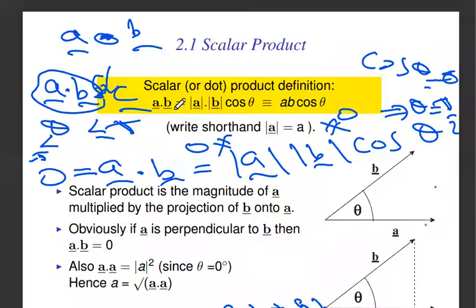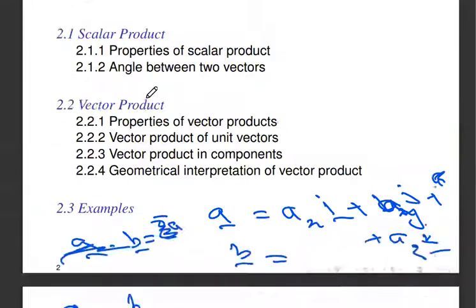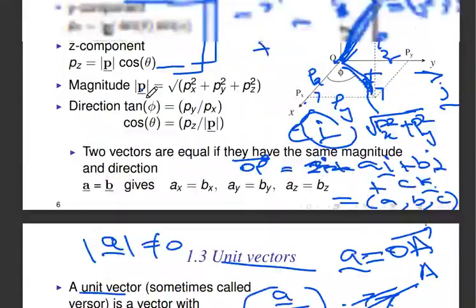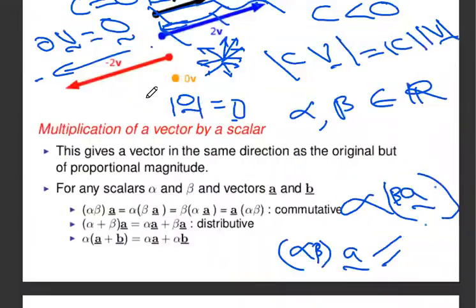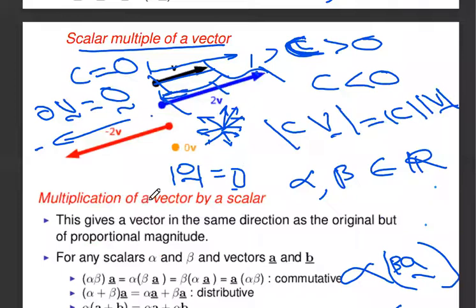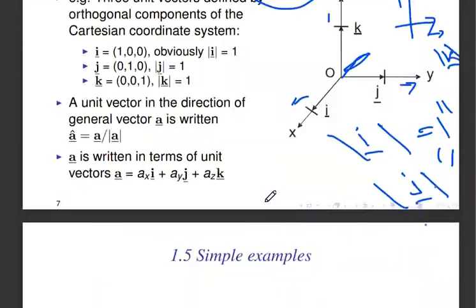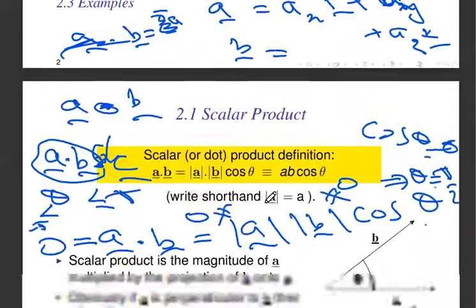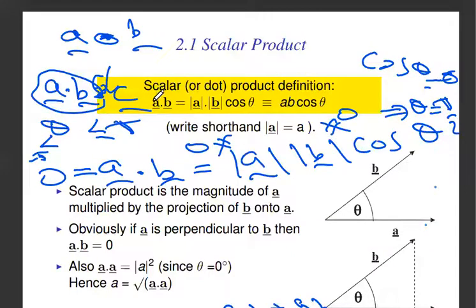And this one is very important. This is the multiplication of 2 vectors. Earlier it was multiplication of a vector by a scalar, but here it is multiplication of 2 vectors, right? These A and B must be vectors, not scalars. Very important.